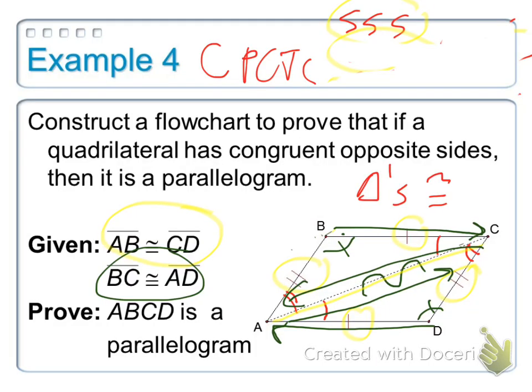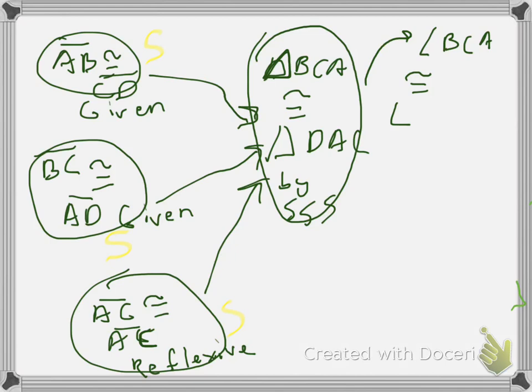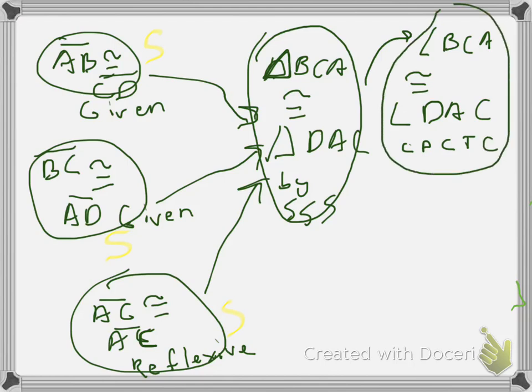BCA, DAC. That doesn't look like a D. Whoops, didn't get the erase. And that would be by CPCTC. Remember, corresponding parts of congruent triangles are congruent.